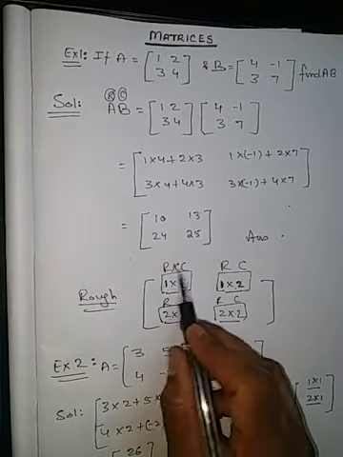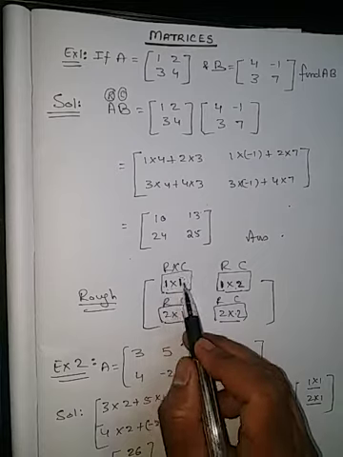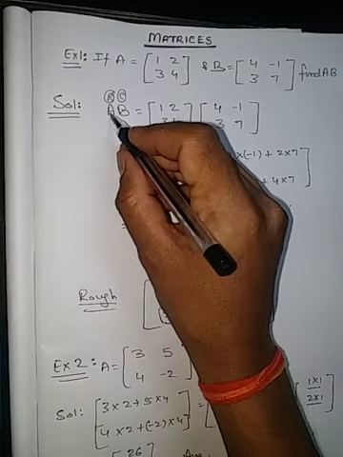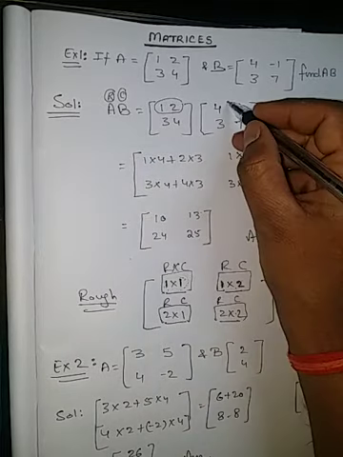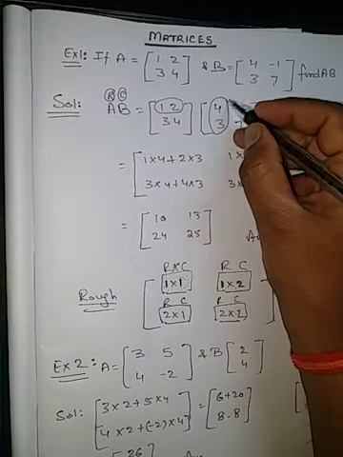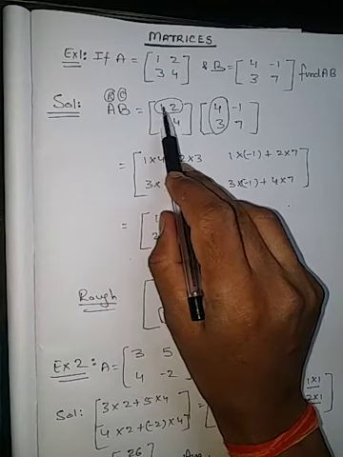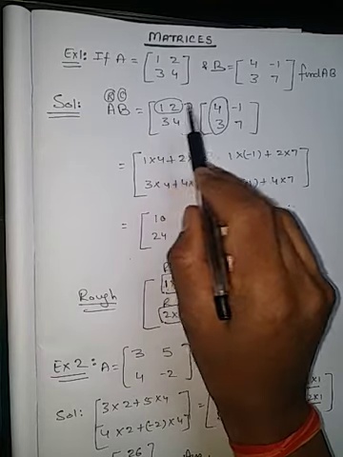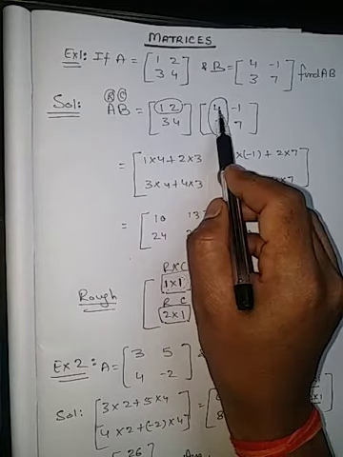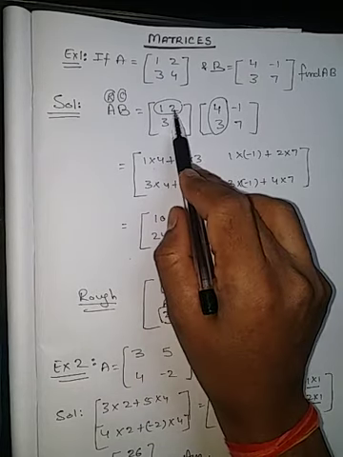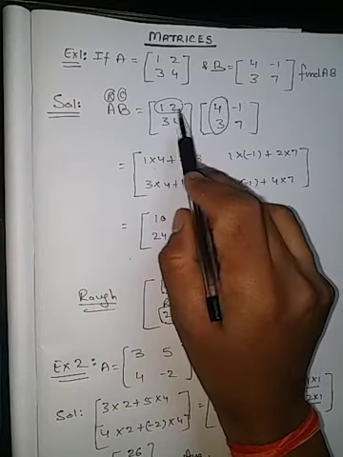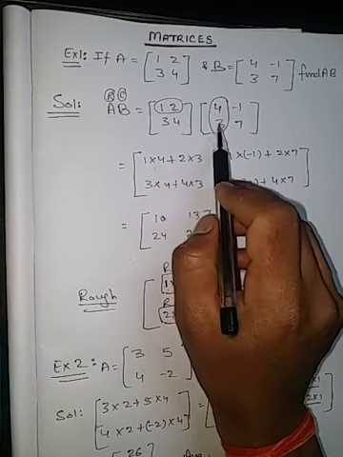So we get the first value by multiplying the first row and the first column. While multiplying A into B, we take the first row and multiply it with the first column. The first element of the first row and the first element of the first column are multiplied: 1 into 4, plus 2 into 3, second term into second term.